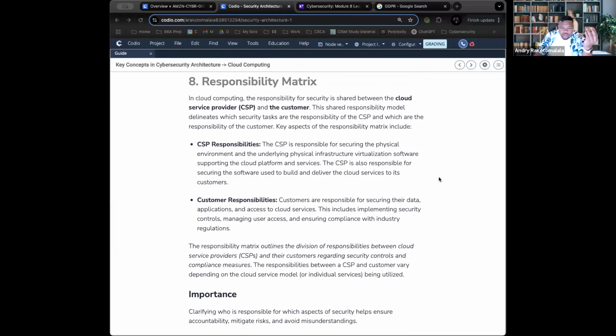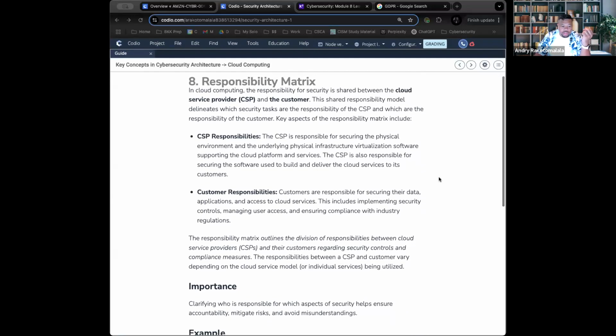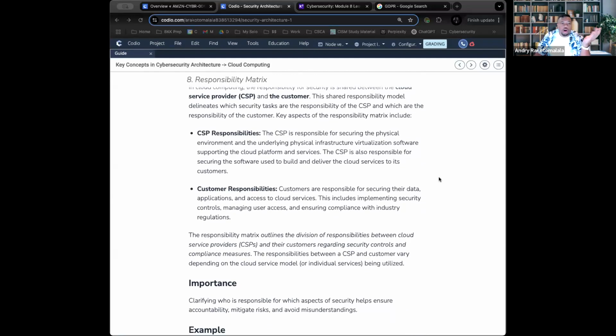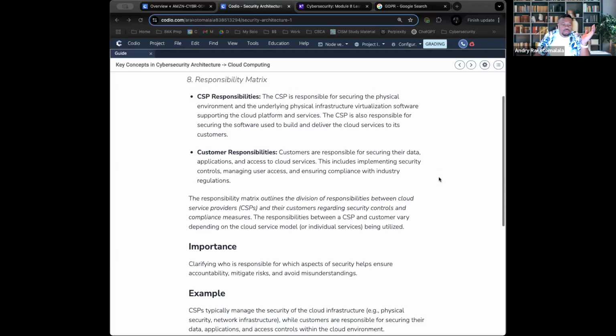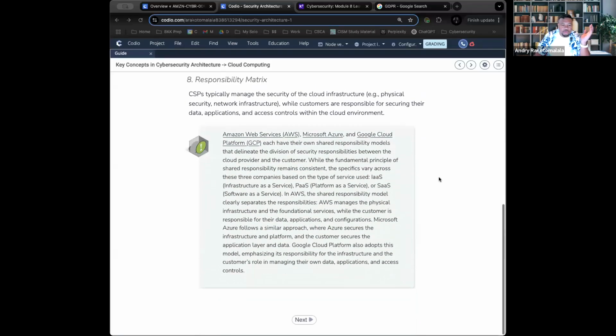This is typically signed by leadership, and it can be legally used to say, hey, Mr. Cloud Service Provider, you did not store our data properly and we got hacked. This is where you said you would have all the correct security features. You didn't, so we need to have a discussion about financial compensation. Okay. All the responsibility matrix does is it highlights who's in charge of what. That's all it does. Okay.